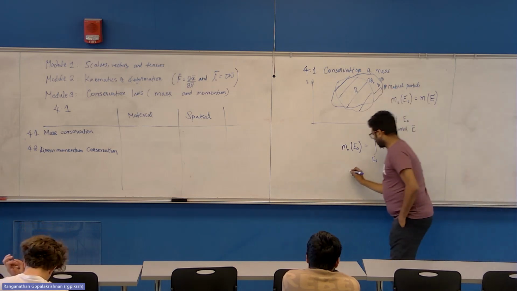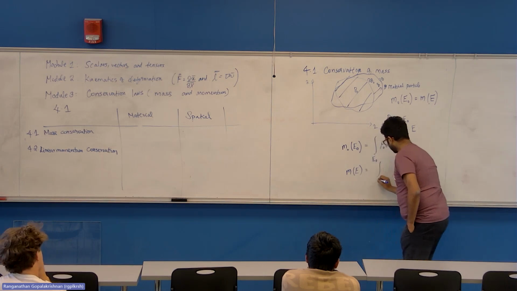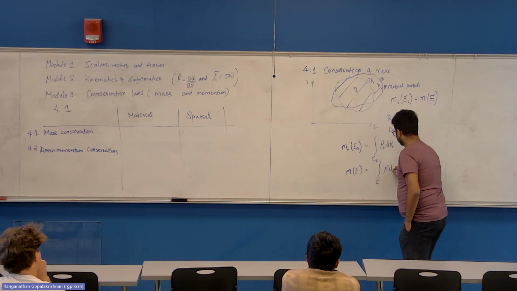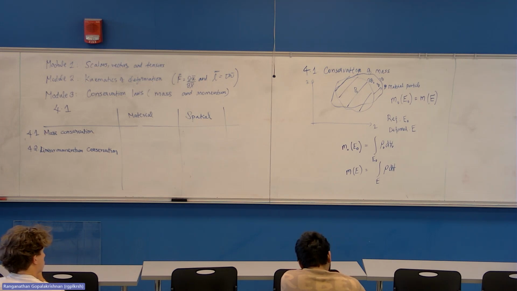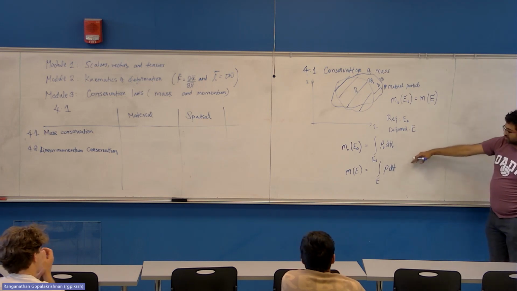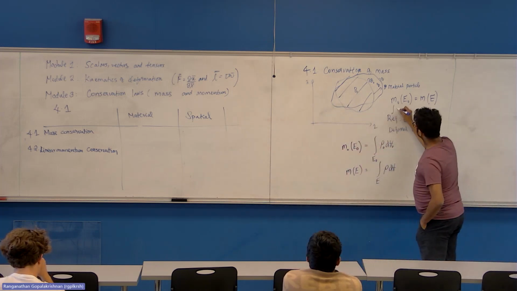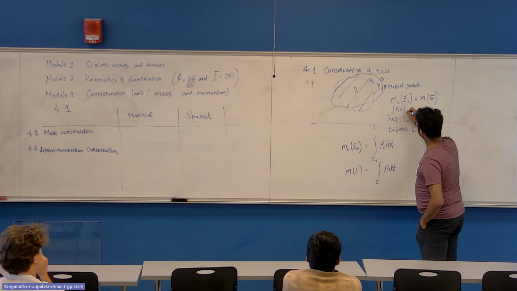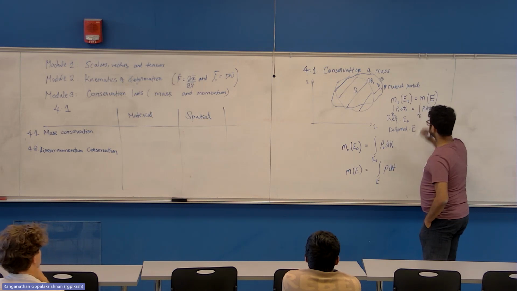You can also write M at the deformed configuration B as the integral over B of rho dV. And we already made the case that the mass is conserved. So you can write the integral of rho naught dV naught over the shape B naught is equal to the integral of rho dV over the shape B.